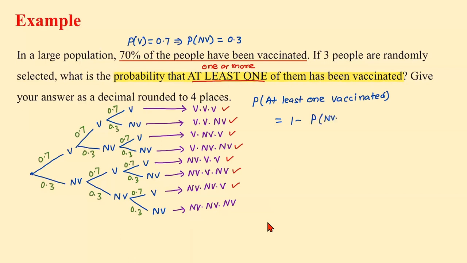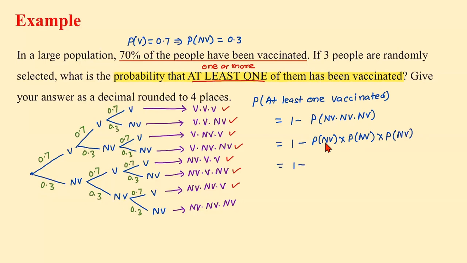So here, the probability that the first one is not vaccinated, the second one is not vaccinated, and the third one is not vaccinated, which is this one here. Because we are talking about "and", it is the multiplication rule. So it will be the probability that the first one is not vaccinated times the probability that the second one is not vaccinated times the probability that the third one is not vaccinated.